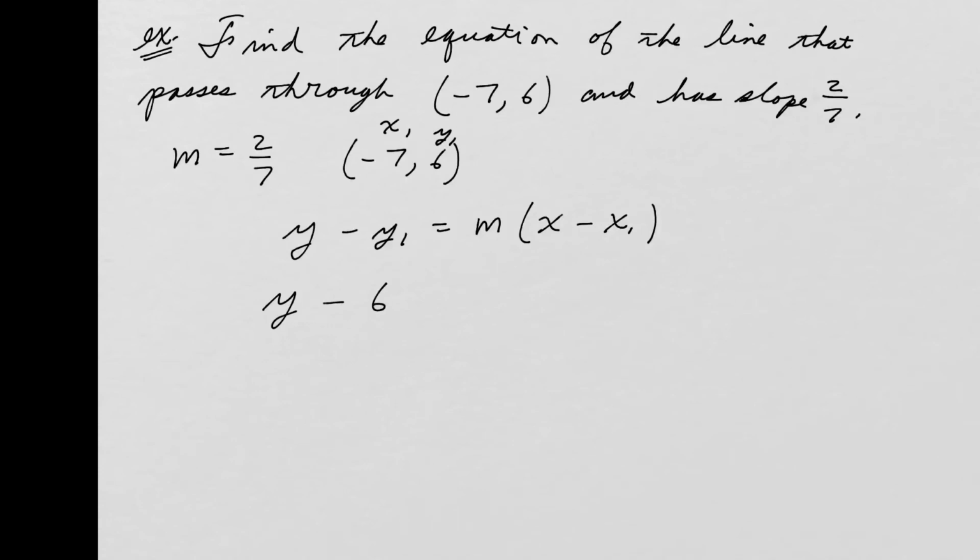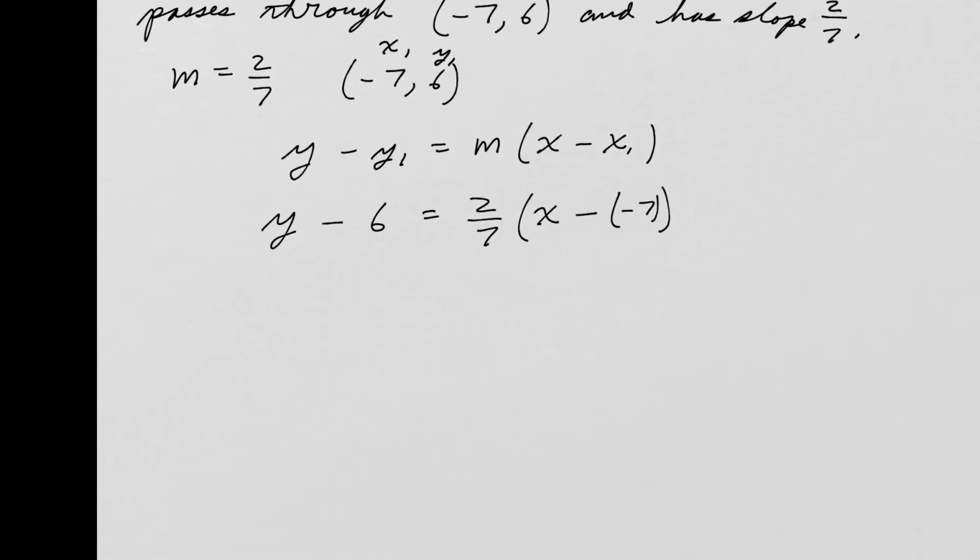Y1 is 6, so minus 6 equals 2/7, and x minus x1, and x1 is a negative 7. You have to be careful again with the signs there. So this is the same as y minus 6 is equal to 2/7 x, and then minus a negative 7 is the same as plus 7.